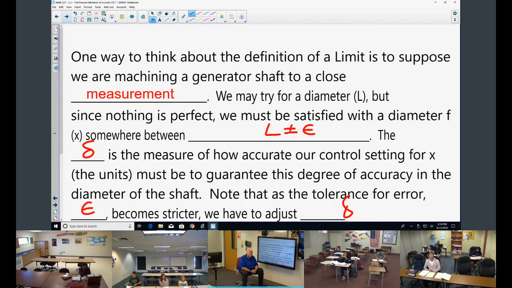But yet, ironically, it was their lack of tolerance for error that in some ways helped contribute to their losing World War II. Does anybody know how? What does this have to do with World War II? Anyone have any idea?